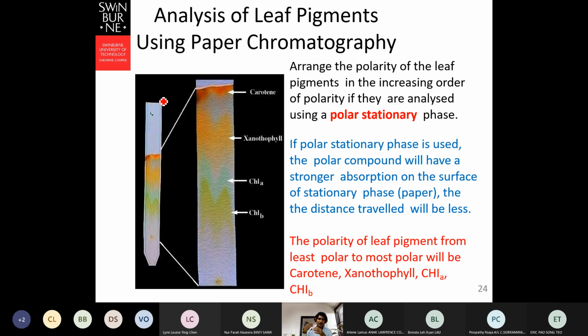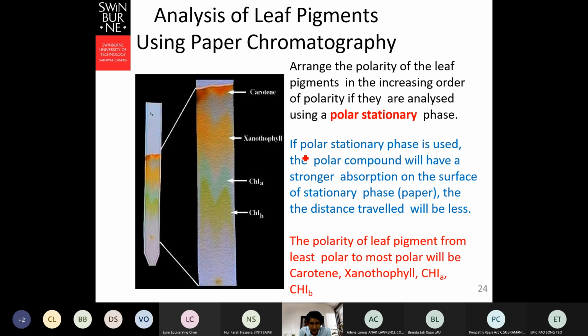Since it did not stick to the surface, I mean the paper chromatography stationary phase, it was more favorable to be with this non-polar solvent.